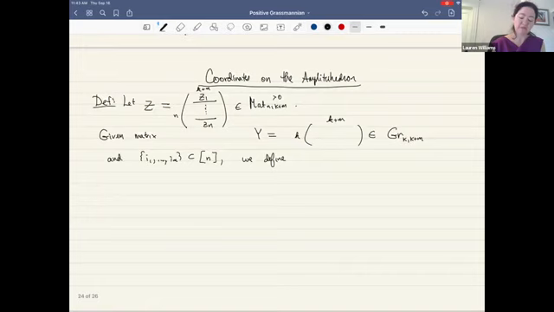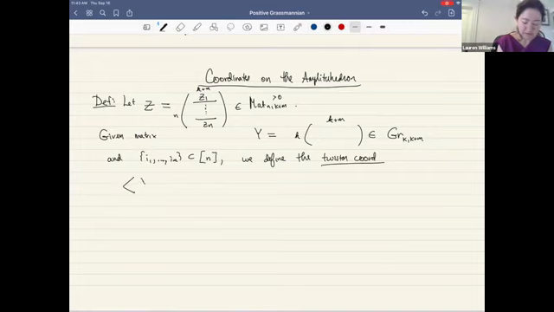Okay, so now talking about coordinates on the amplituhedron. Given Y in this Grassmannian, and given m numbers from 1 through n, we will define the twistor coordinate as follows.